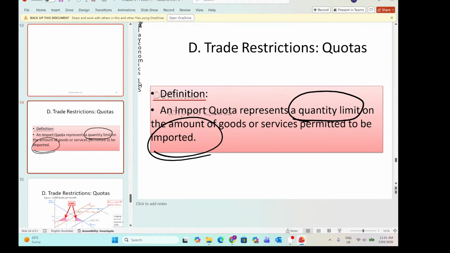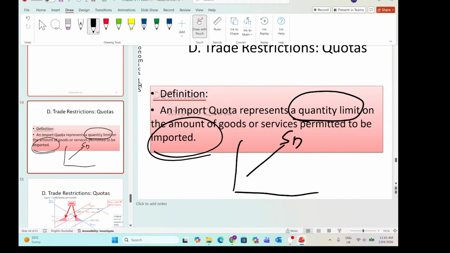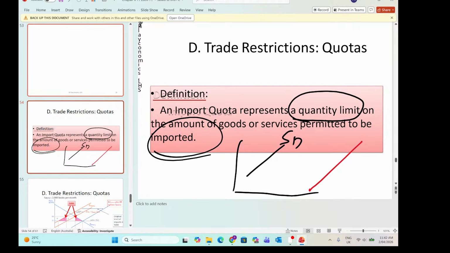So essentially what it's going to do in the market for goods is that if this is the supply curve by the domestic industry, and then we add to that, we say that the importer is currently importing some as well. So this is the supply curve with the domestic industry plus the imports. At the moment, the level of imports is shown by the red.